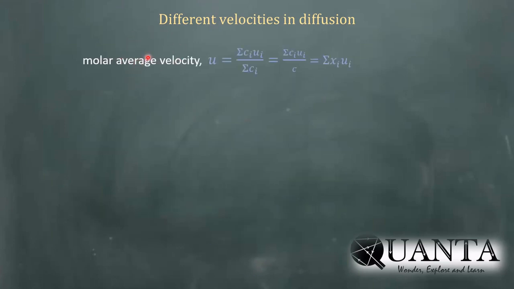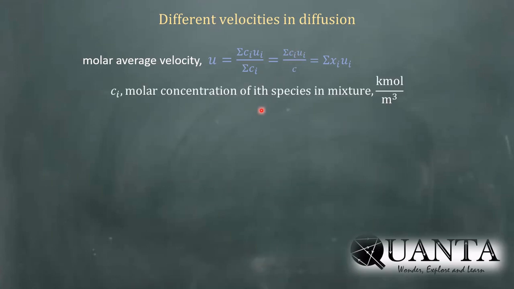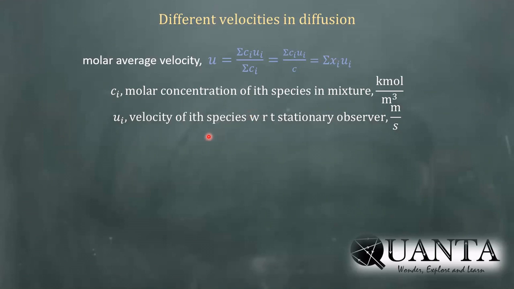It could be defined as the molar average velocity, U. As we can see, it is the weighted average of the component velocities using the mole fraction, where C is the total concentration here, C_i will be the component concentration in the mixture. This is the molar concentration, and this is the velocity of that species with respect to a stationary observer.